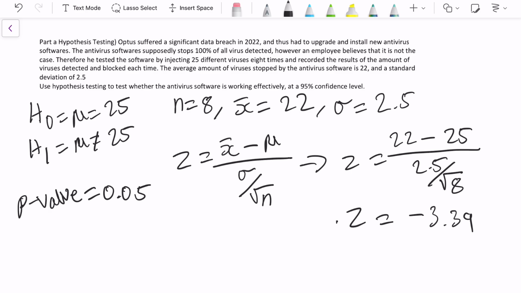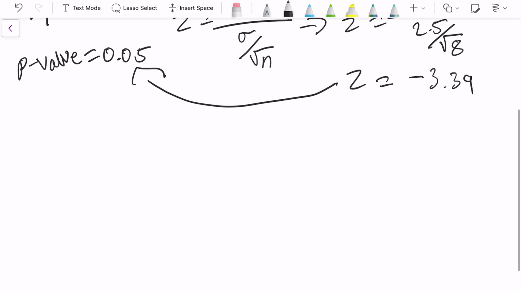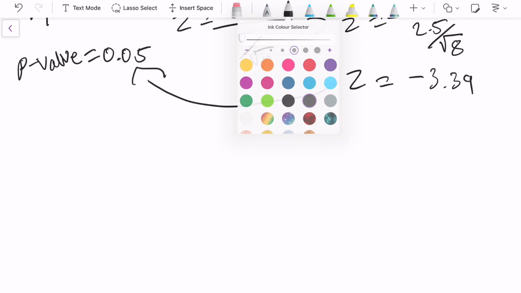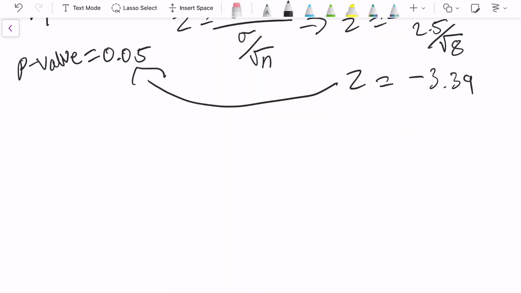Now we use that z-score to compare with the p-value, and to decide whether we accept or reject the null hypothesis, we need to use these decision rules. If our z-score is less than 0.05, our p-value, then we reject the null hypothesis.